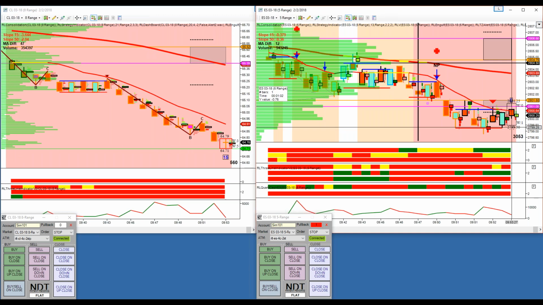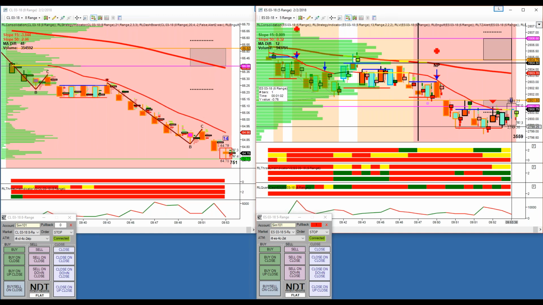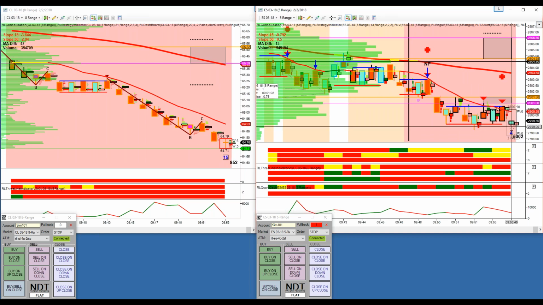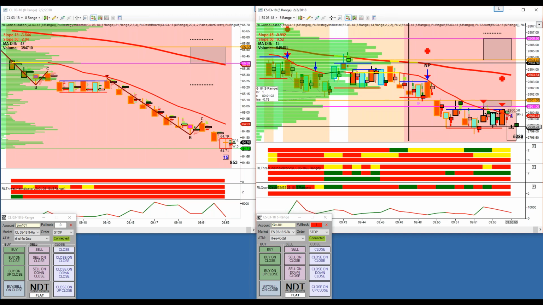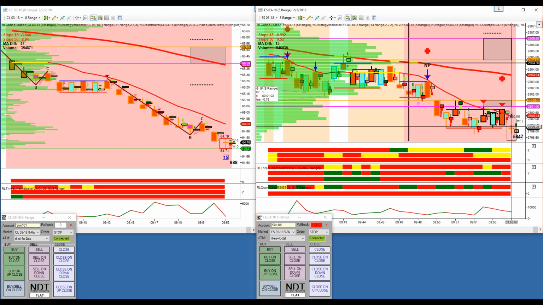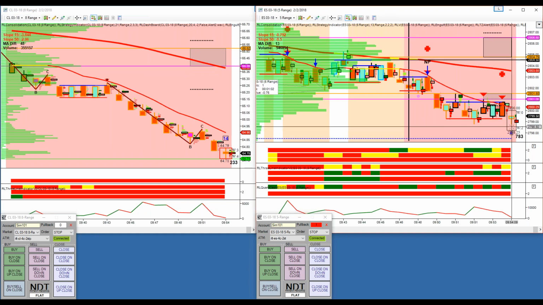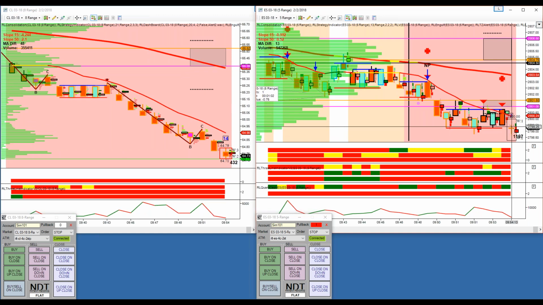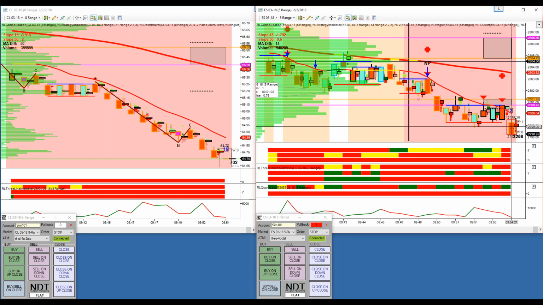Where is our major quant? Why isn't it red? No quants on the E-mini. There they are. After the entry.